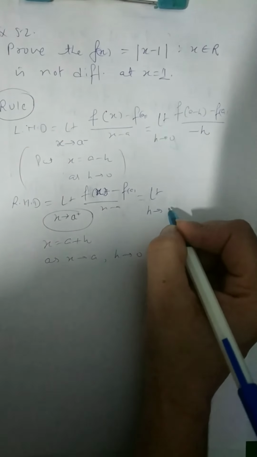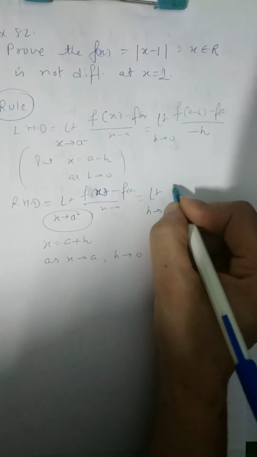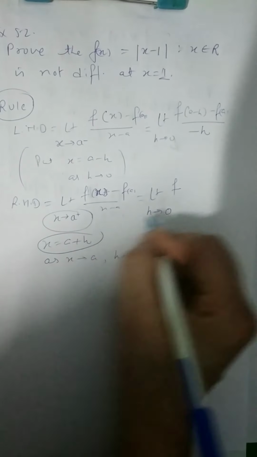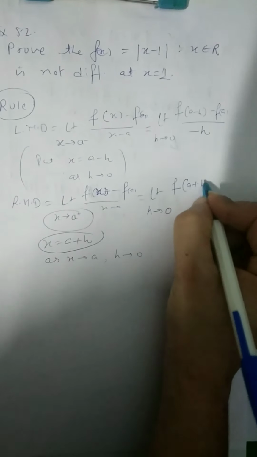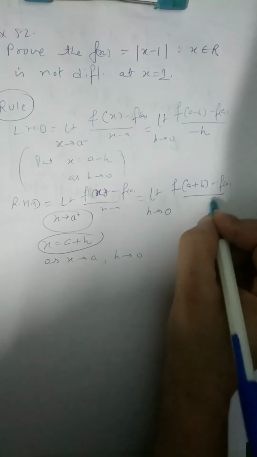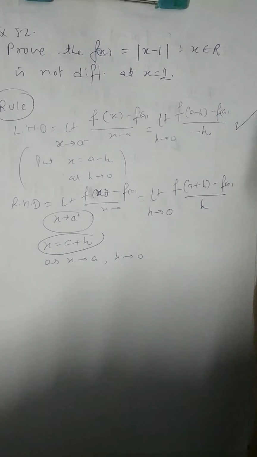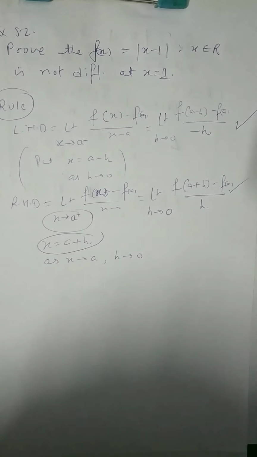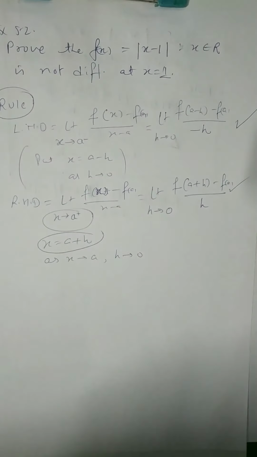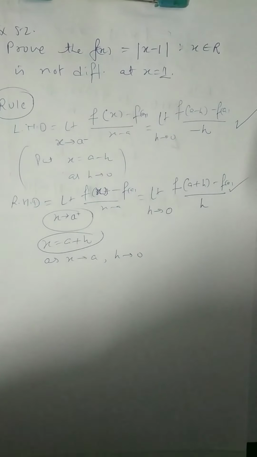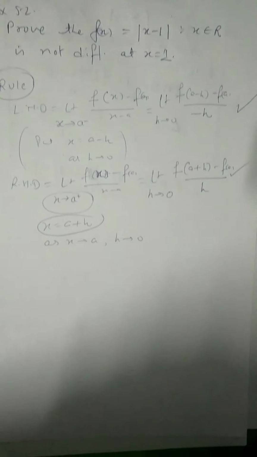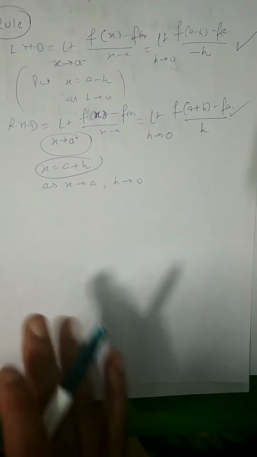So it will be (f(a + h) - f(a)) / h. These are the values of the left hand and right hand derivatives. If these two are equal, only then can we say a function is differentiable. So how do we check this for the given question?